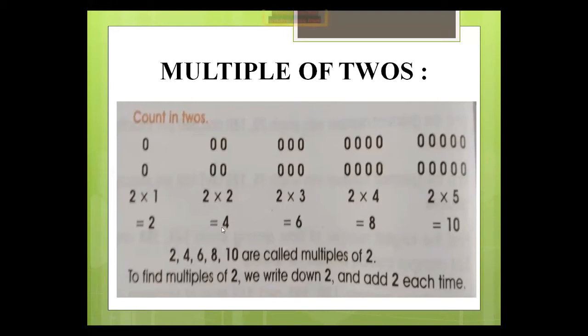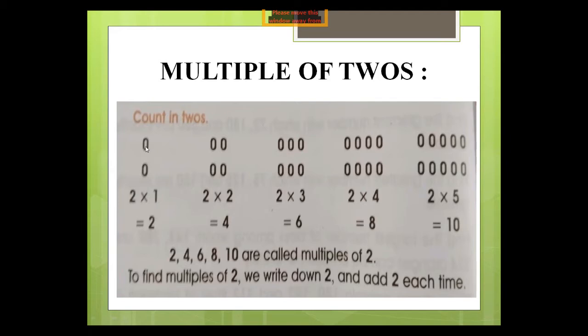Now you just count, here we have 4 zeros. Okay, students, now if you check the first example, 2 into 1 is equal to 2, and here there are just 2 elements in the column.